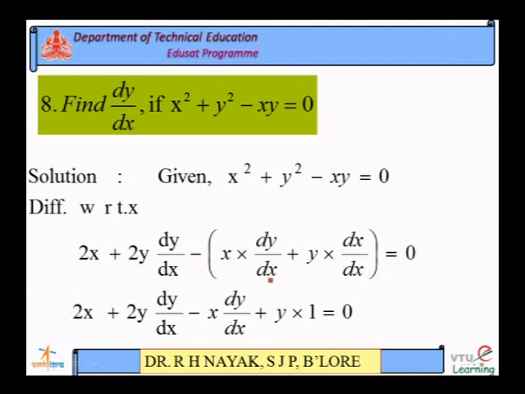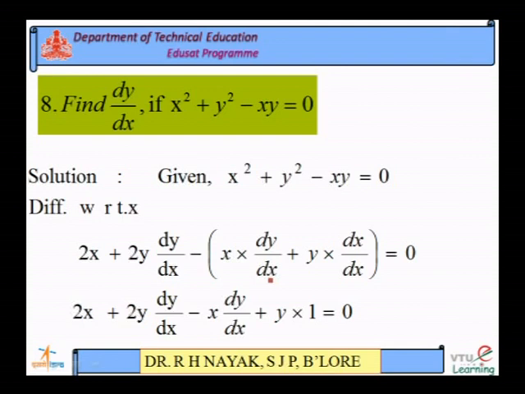Differentiate the x terms as we know, and similarly differentiate all y terms, but at the end write dy by dx. If you come across more than one dy by dx term, gather them together on the left or right hand side, and take the other terms which do not have dy by dx to the other side. Then take dy by dx common and simplify for dy by dx.